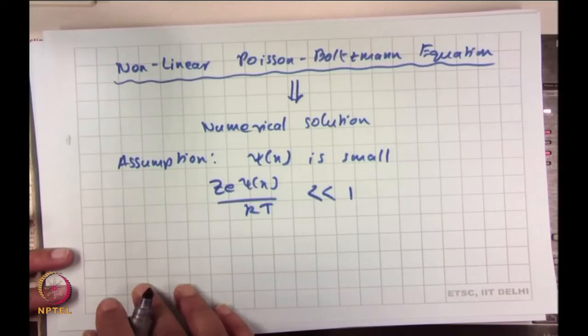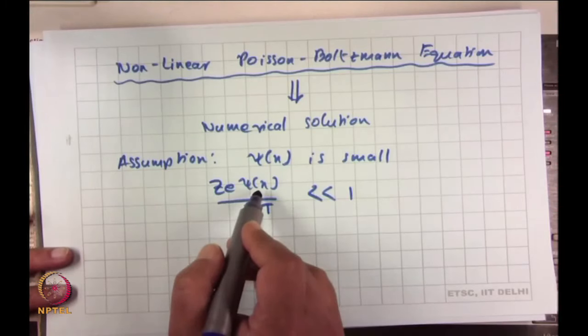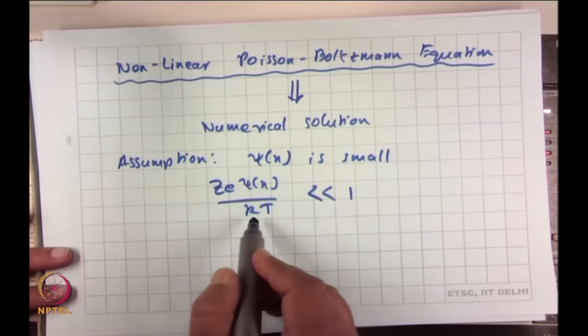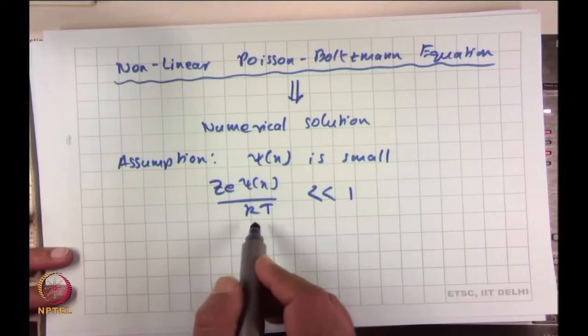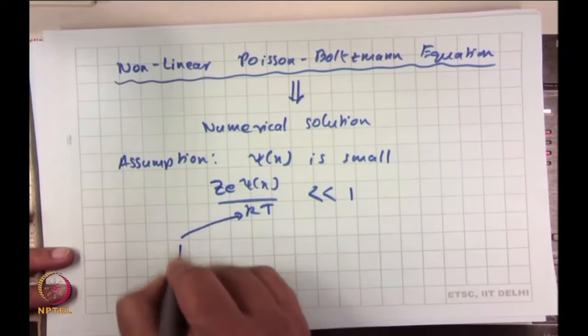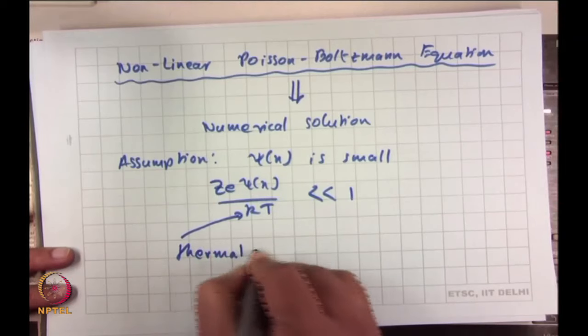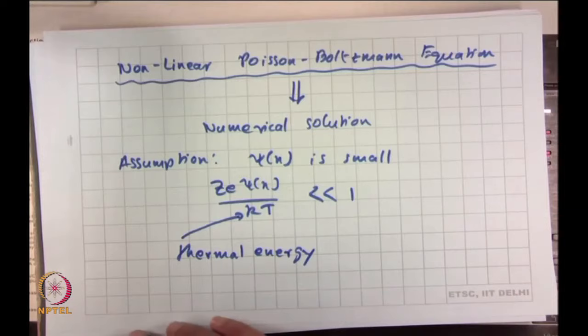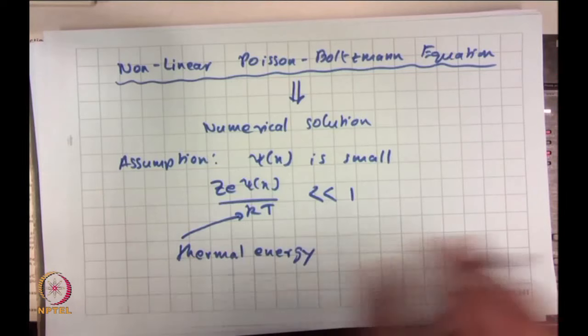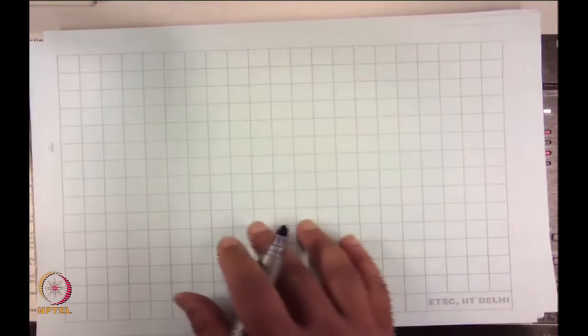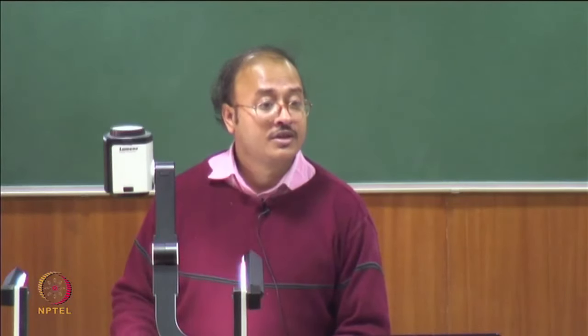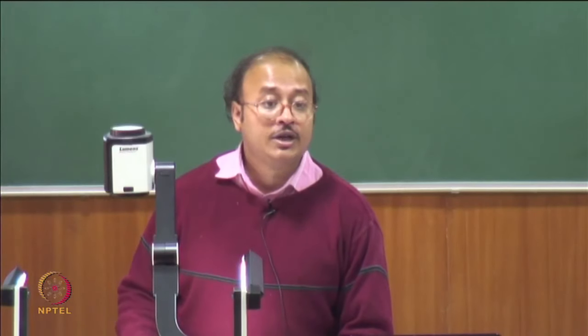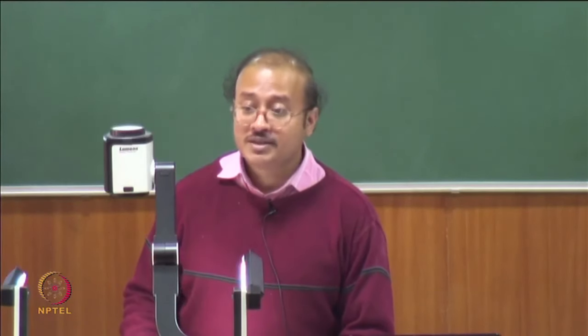So, what am I saying again? My electrostatic potential is much smaller with respect to the thermal energy k T, because this k T represents my thermal energy. Okay. Now, based on this assumption, remember that sinh of x, the hyperbolic function, is equal to half of e to the power x minus e to the power minus x, right.